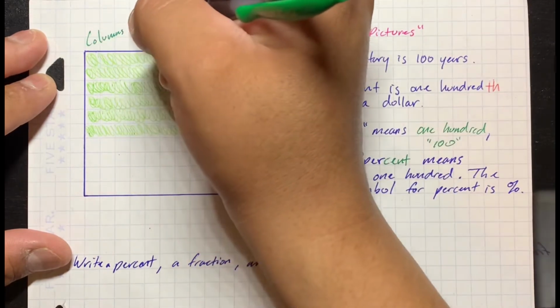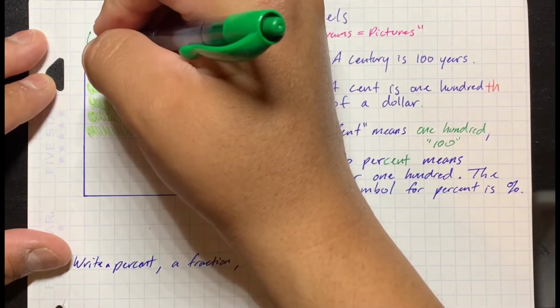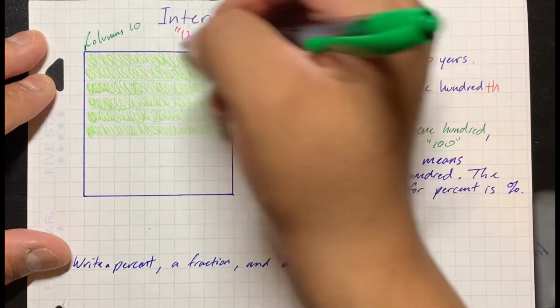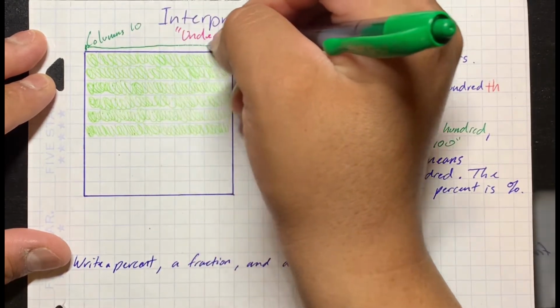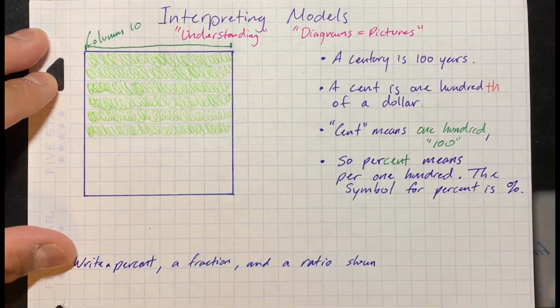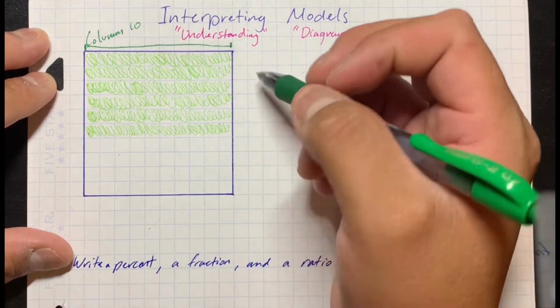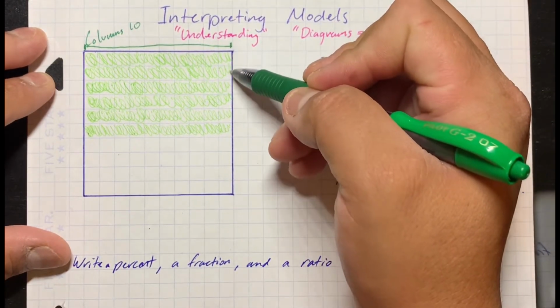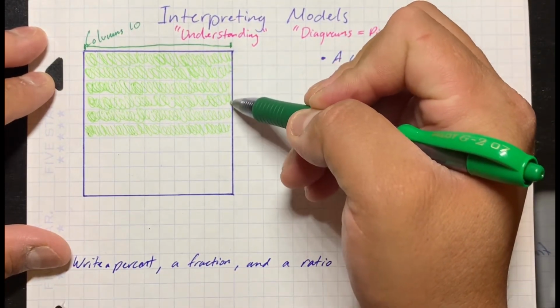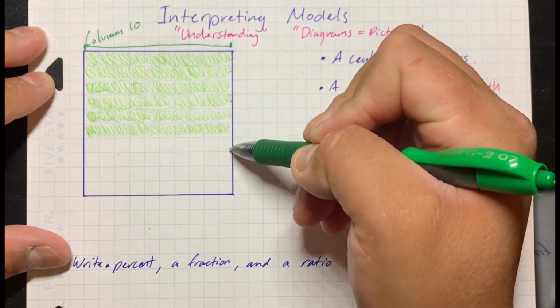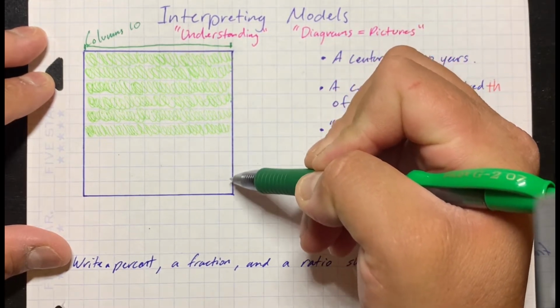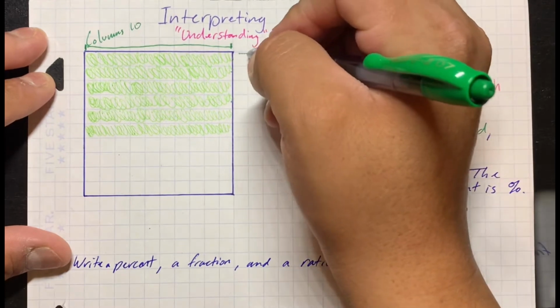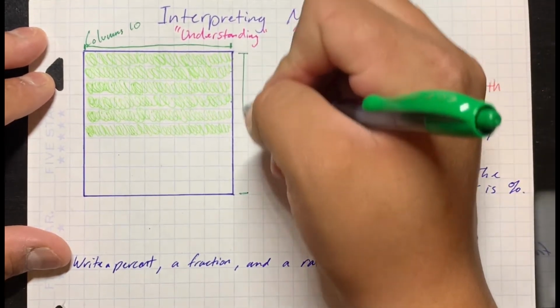So we have 10 columns, okay? From here all the way to here, we have 10 columns, all right? Now let's talk about how many rows we have. Well, we have 1, 2, 3, 4, 5, 6, 7, 8, 9, 10 rows. Okay, again, we have 10 rows.